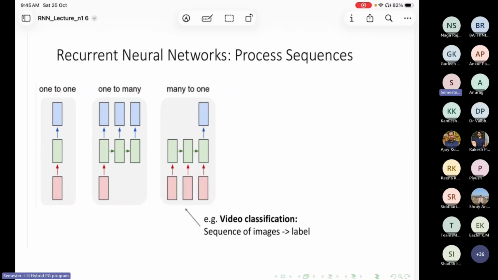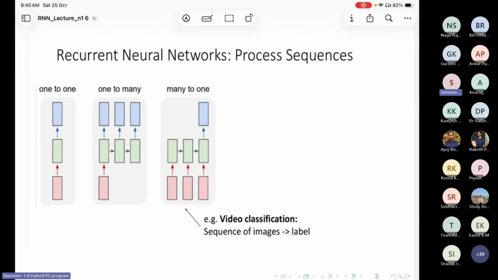Here you do not have a single image. In the case of an image, you give just one image and get the classification. But here we have multiple images in sequence, and the model has to give the class by looking at all those images. It's not like it only sees one image and gives the output.